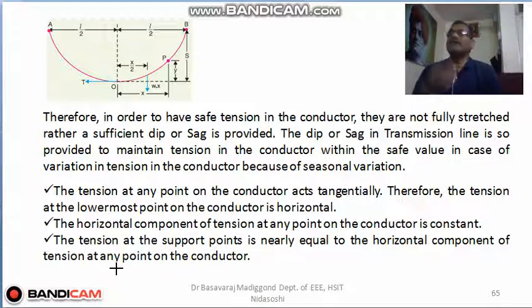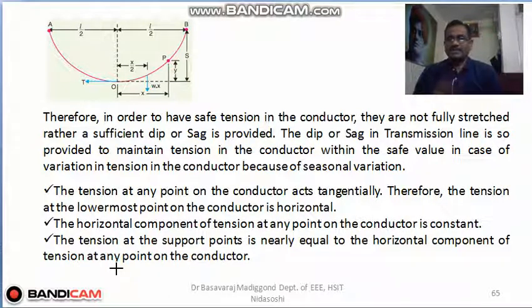Suppose there is a seasonal variation, like a fall of ice or a blow of wind. This will not affect the transmission line. If the tension is more, because of this wind and ice, the tension will increase on the transmission line and the conductor may break. So we need to notice 3 points here.